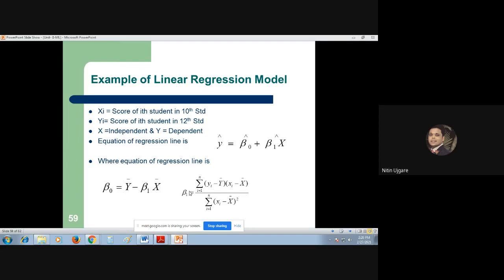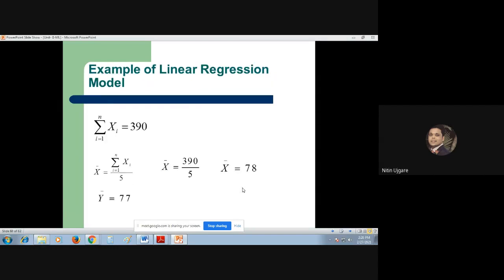To calculate beta 1, we need y bar and x bar. We know that y bar is the centroid of the y coordinate and x bar is the centroid of the x coordinate. So let's do this.